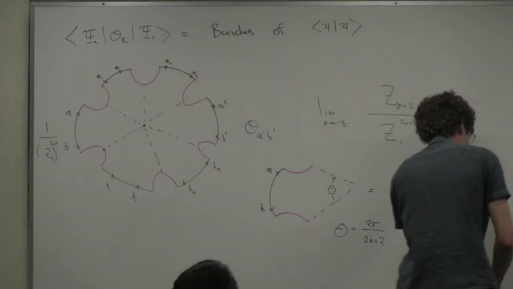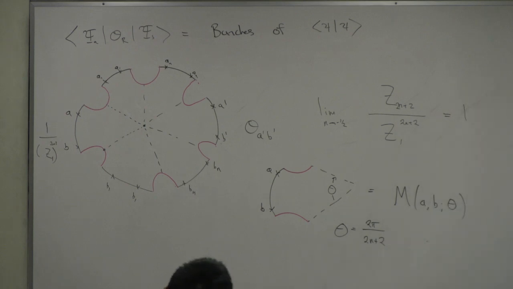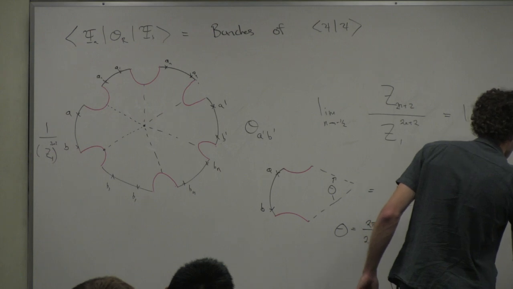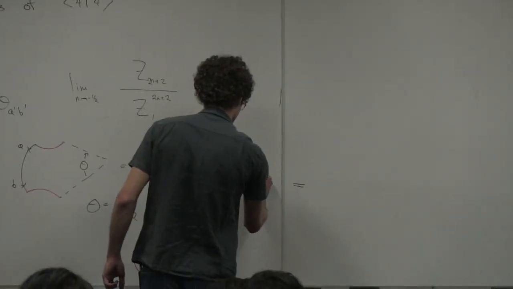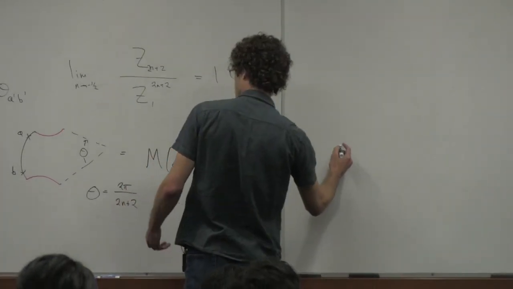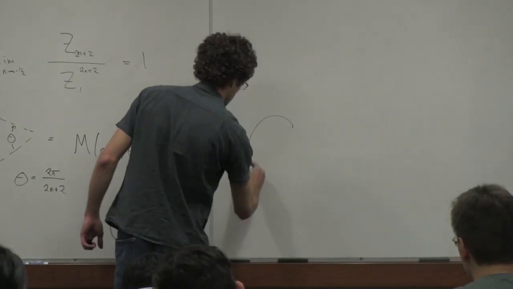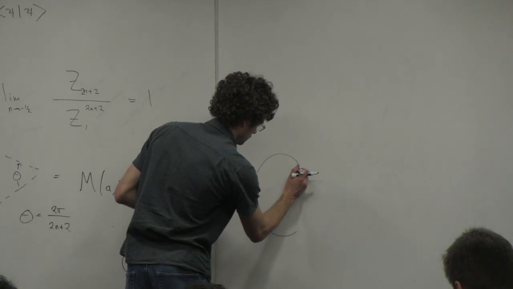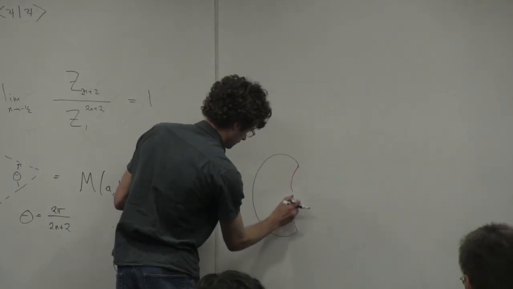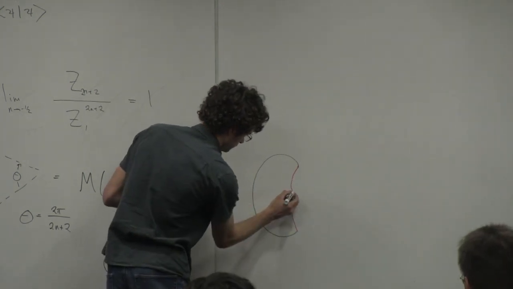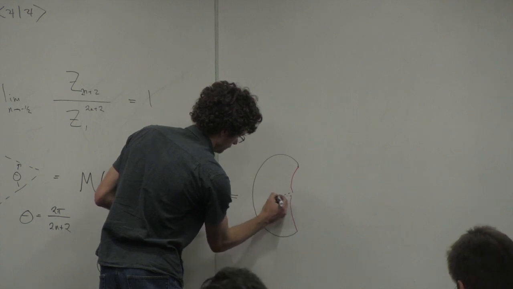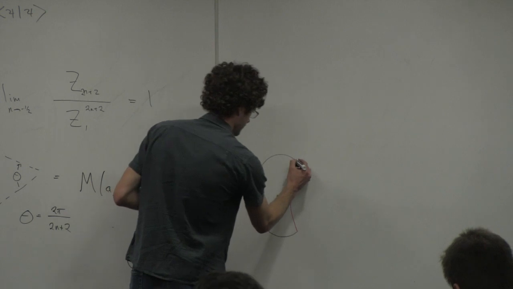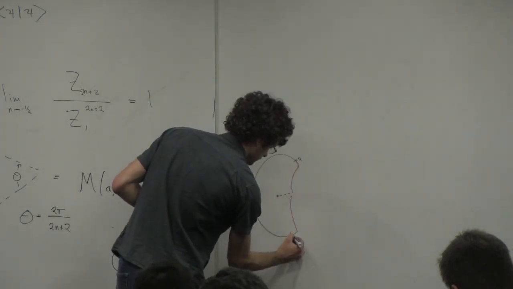Then this M_AB operator simplifies. It becomes the following object, with A here and B here.